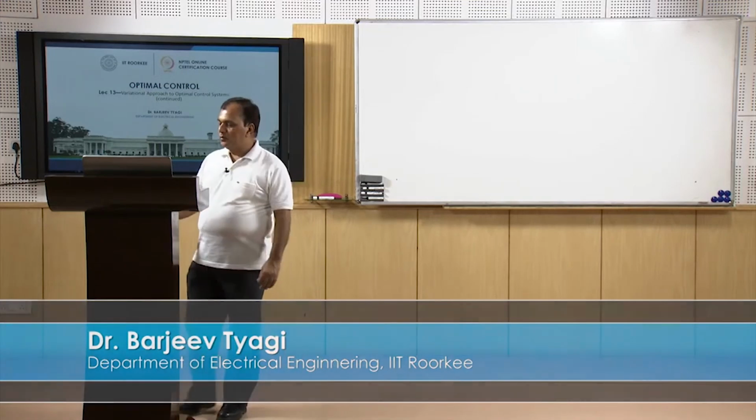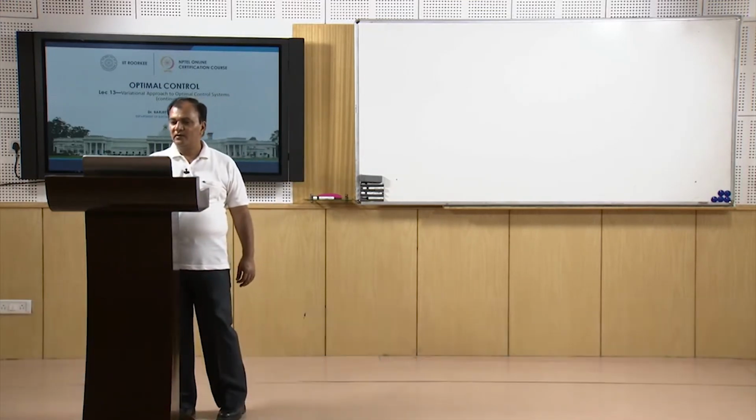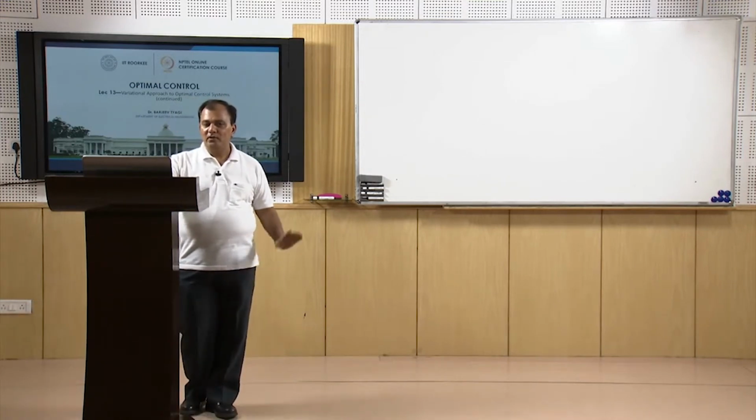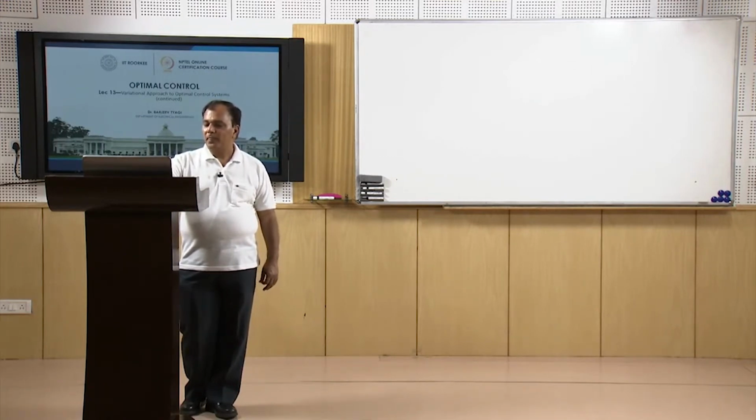Just a quick review: in the previous class, we started our problem on the variational approach. It is applicable to optimal control systems. We consider a plant x dot with the initial point given and the final point free.